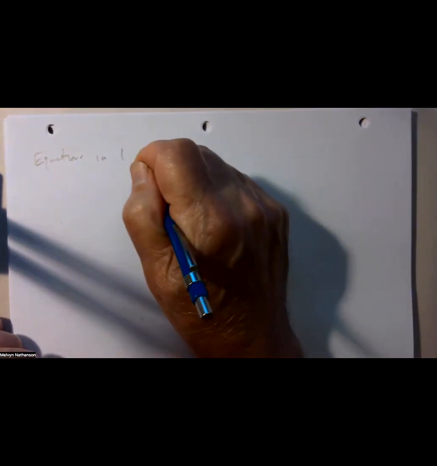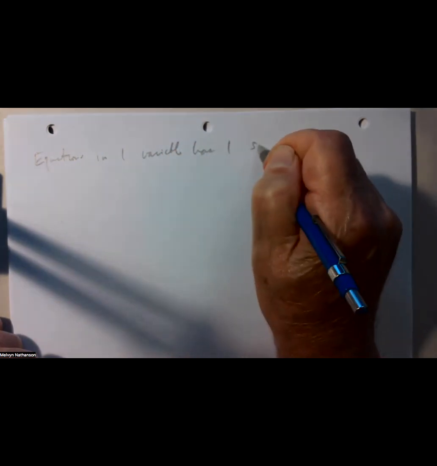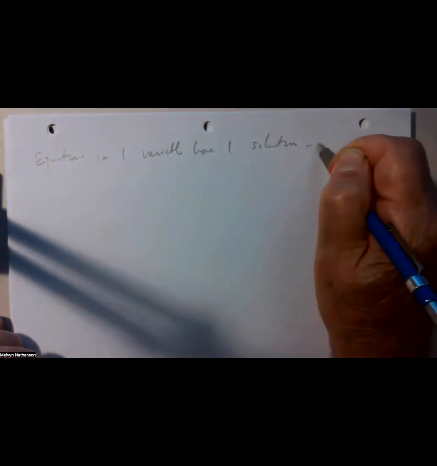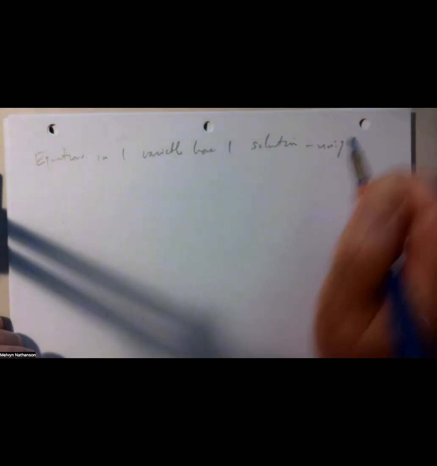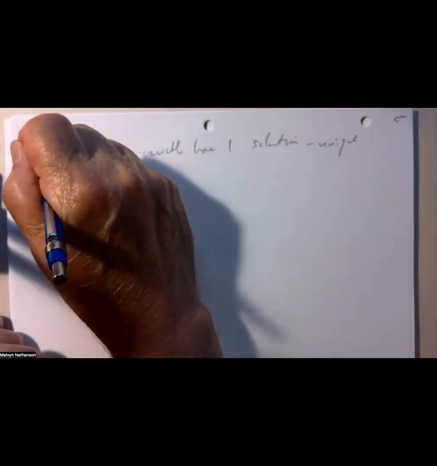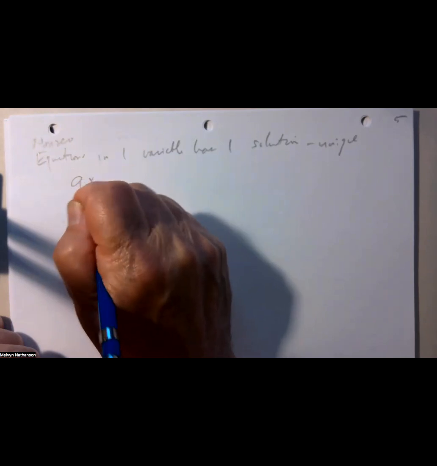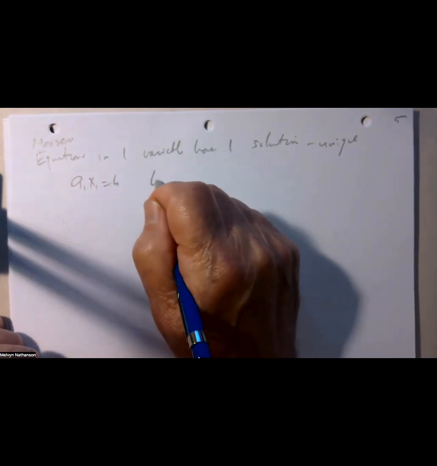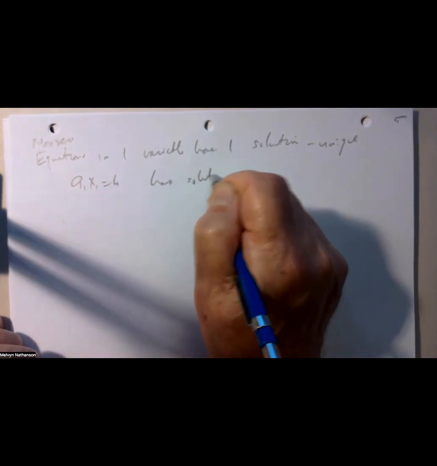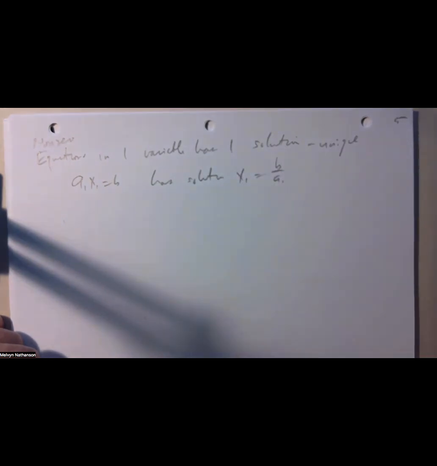Equations in one variable have one solution, which is unique. I should always emphasize non-zero equations. So your non-zero equation, a1x1 equals b, has a solution: x1 is b over a1. a1 is not zero because the equation is not zero, so you can divide by it.